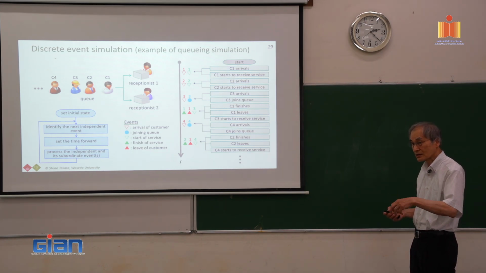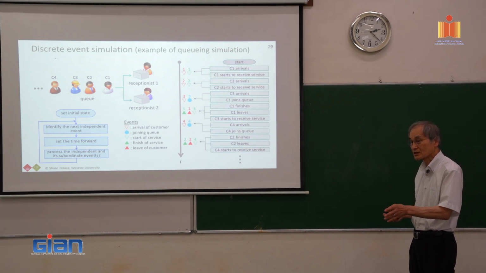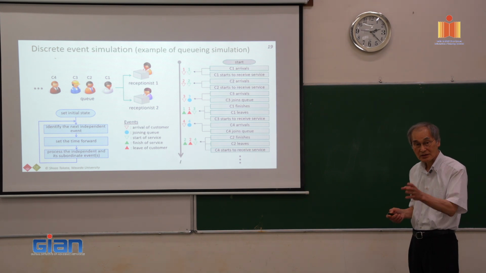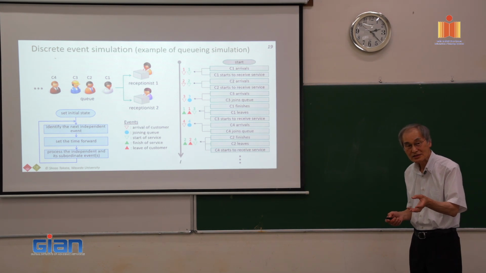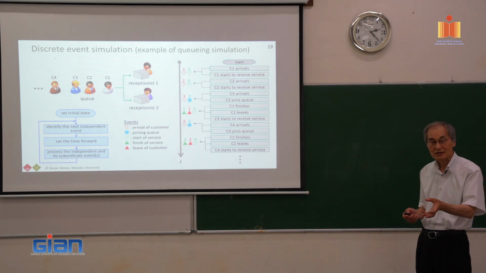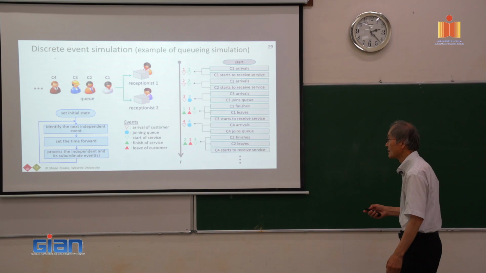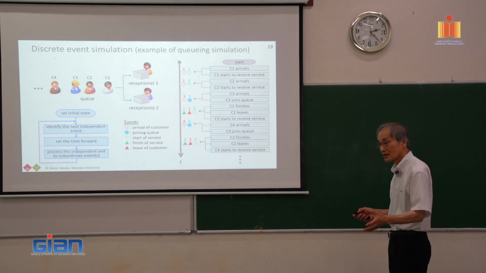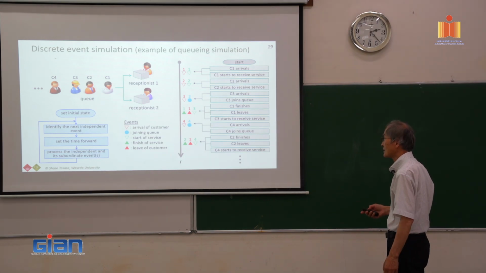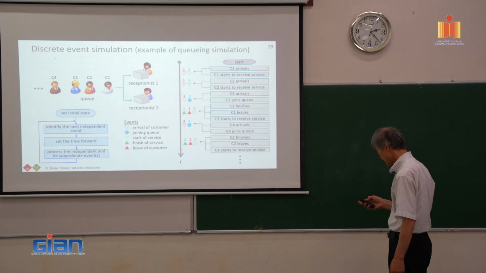Then this change is reflected in the model, and then you search for the next event, and in each event there are some changes. So that is repeated to simulate a certain kind of activity.